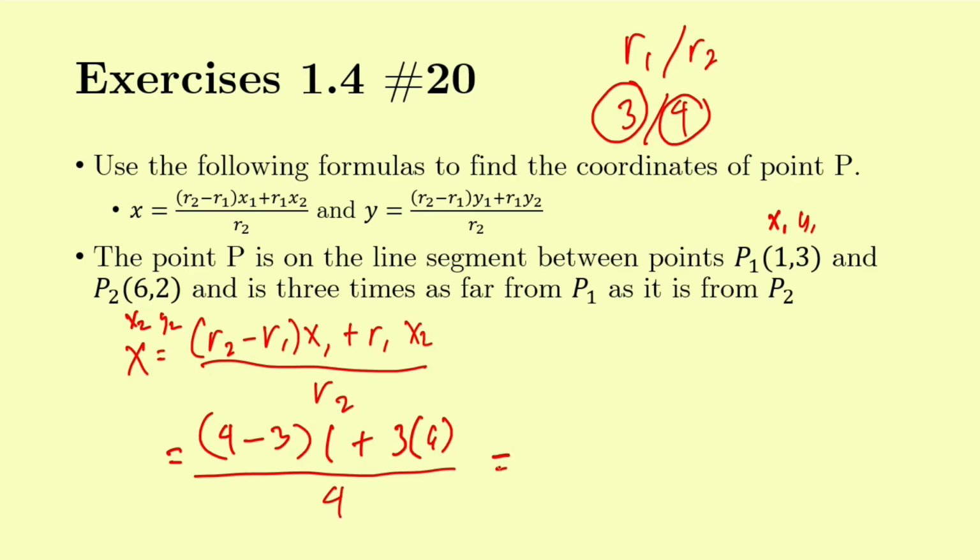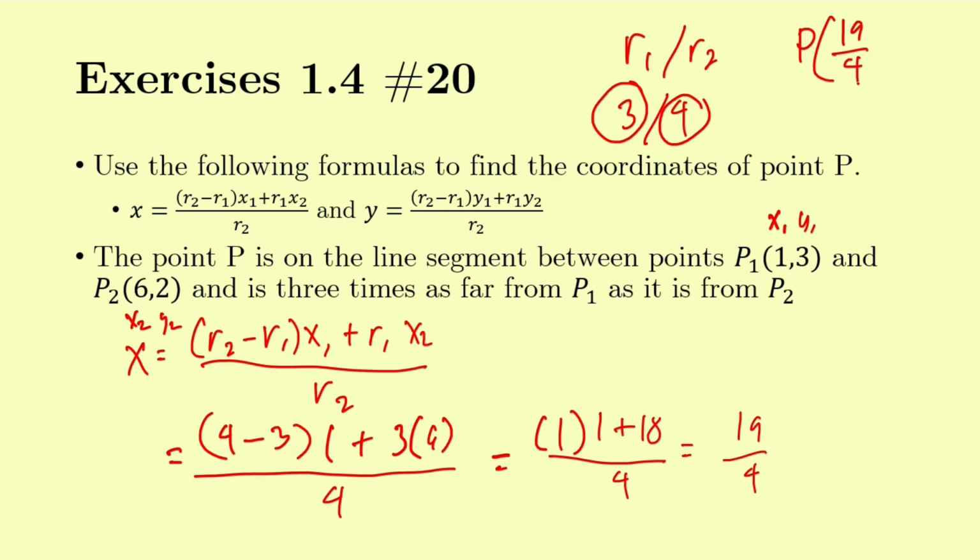This equates to 1 times 1 plus 18 all over 4, which results in 19 over 4. So the x-coordinate of our point P between P1 and P2, wherein P1P is 3 times as far as P2P, is 19 over 4.